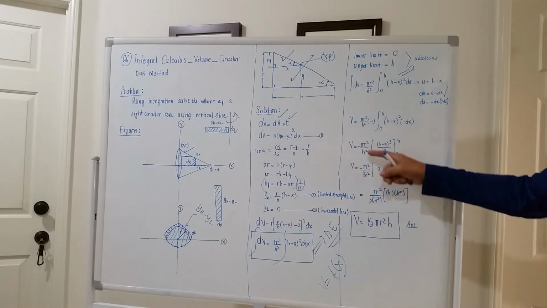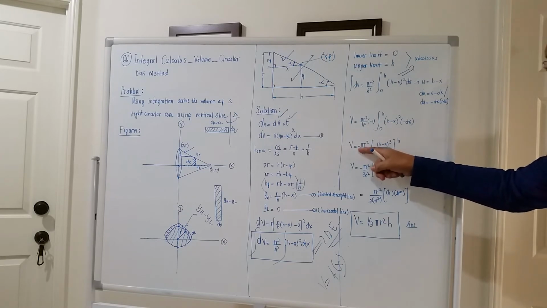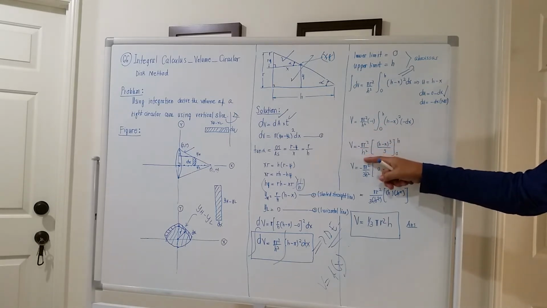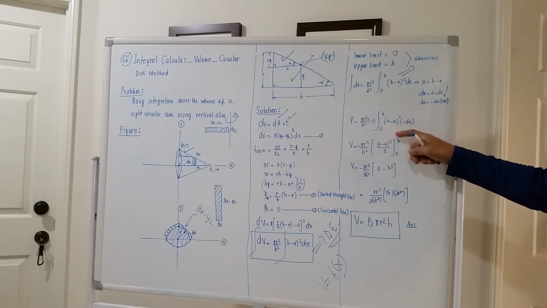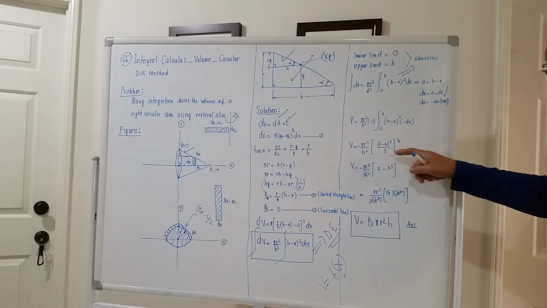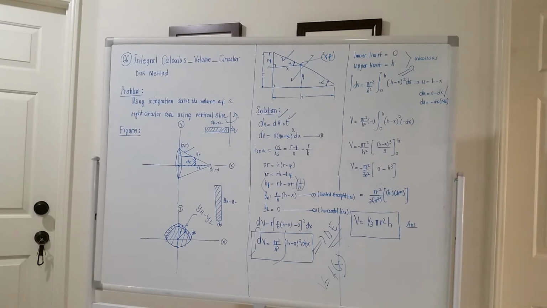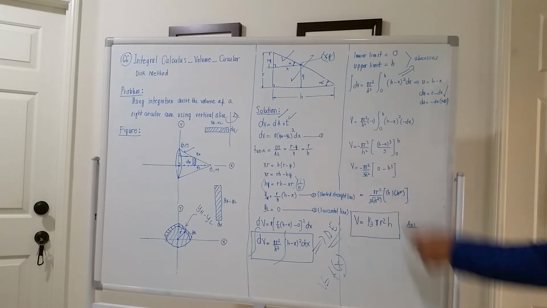Therefore, volume now will be negative pi r squared over h squared times h minus x to the third power over 3 with the limit from 0 to h. Power formula: 2 plus 1 is 3. This is all over 3.